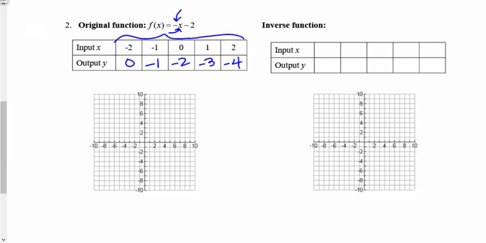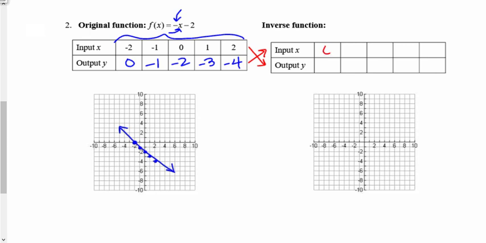All right, so graphing these points, I have -2 comma 0, -1 comma -1, 0 comma -2, 1 comma -3, and 2 comma -4. There's my original. And to get my inverse, I'm just going to flip-flop my x and y's.